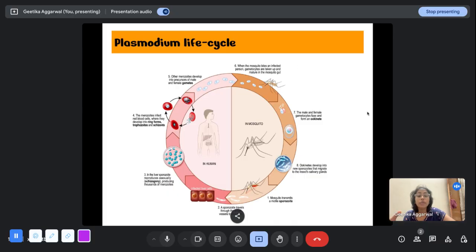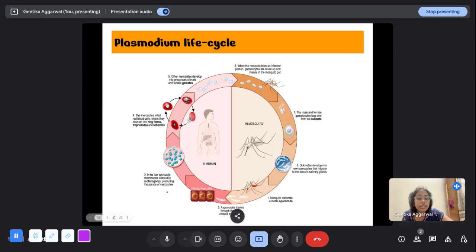It's a parasite which has half of its life cycle happening in mosquitoes and half of it happening in humans. The first step is that a mosquito bites a human and transmits a motile sporozoite into the human. Then this sporozoite travels through the blood vessels and goes to the liver cells.